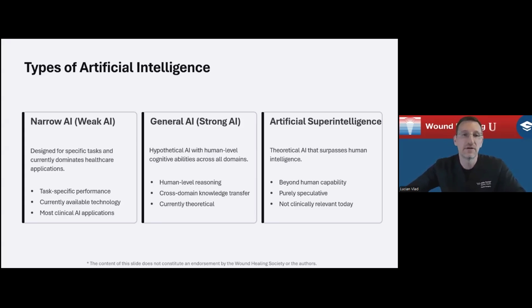And then the third category, the artificial superintelligence. This is truly hypothetical, more of a speculative nature, and it's more like a philosophical principle. This would be a type of intelligence that would exceed human intelligence in every conceivable aspect, including creativity, general wisdom, and problem solving.